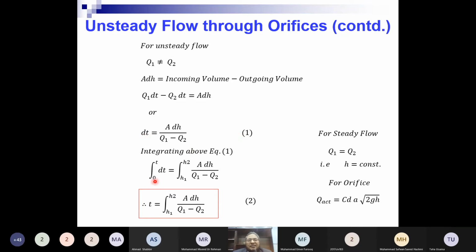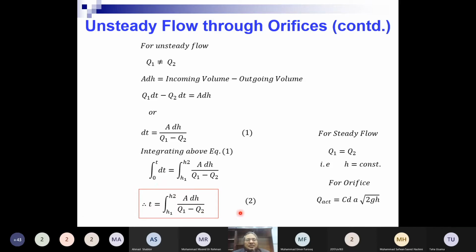So by integrating for time limits from 0 to t, and reservoir levels from H1 to H2, the final result is equation number 2, in which small t is equal to the integral from H1 to H2 of area times dH over (Q1 minus Q2).